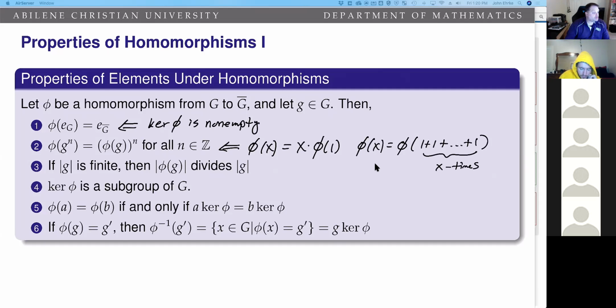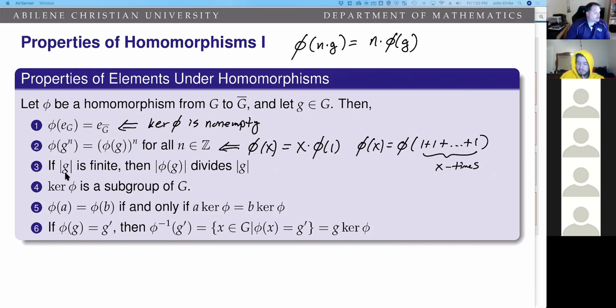And then if I use this property, this would be the additive notation, the additive version of this would be phi of ng equals n times phi of g. So a homomorphism is completely determined by where it sends the identity element. And we know it sends the identity element to the identity, but it's completely determined by what it sends phi of 1 to.